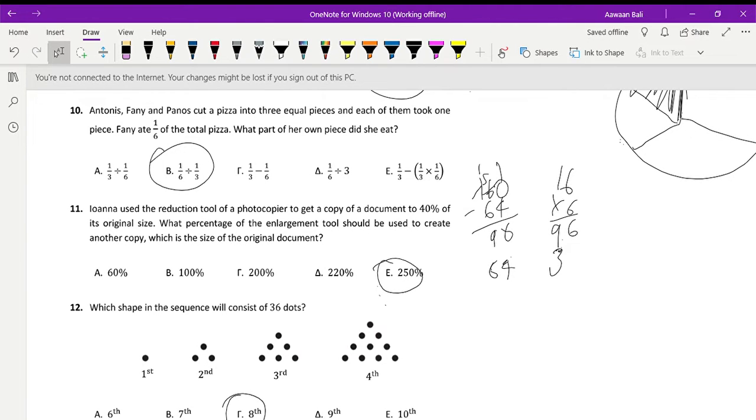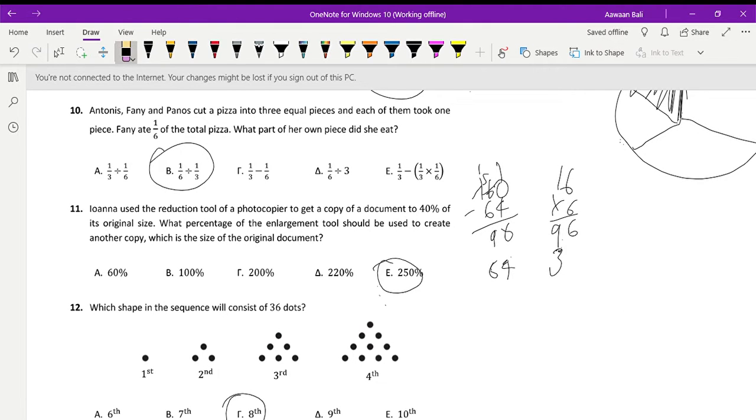Now, if we said that, now when we look at 96, what can we do? Well, we can't do 96 times something is equal to 160, so that means that it's not a whole number.